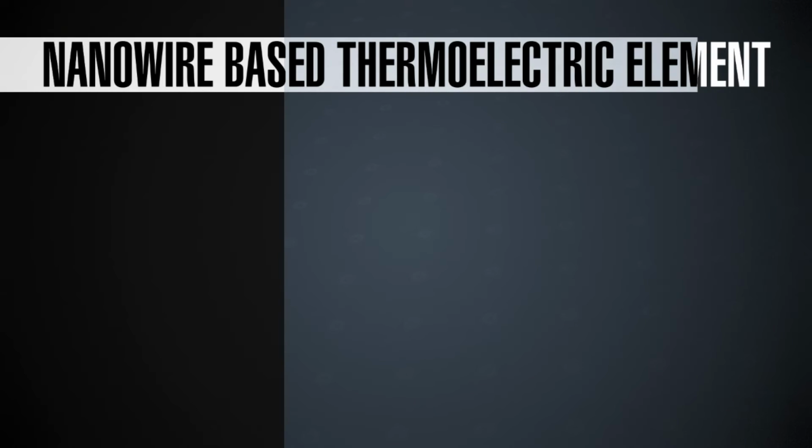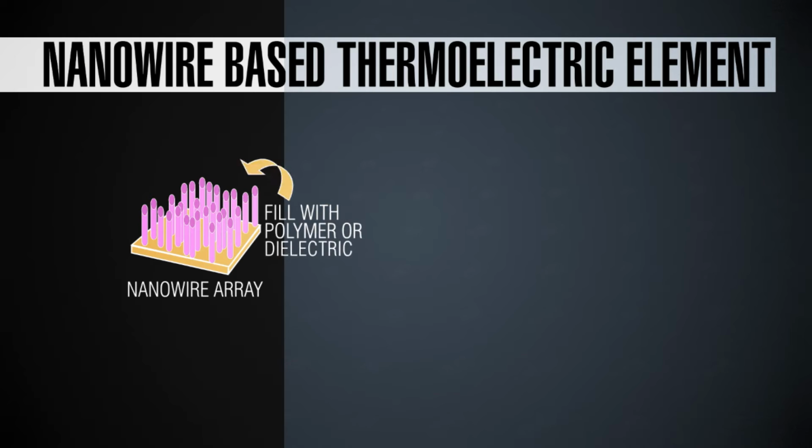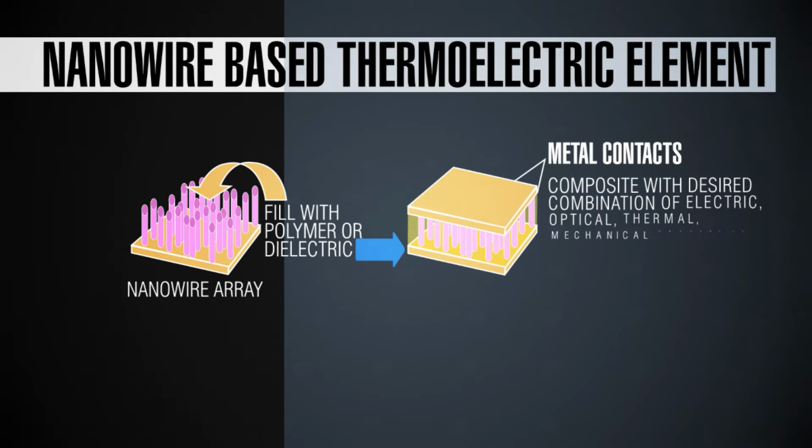For nanowire-based thermoelectric devices, one can grow these telluride or other types of thermoelectric nanowires in a vertical fashion, very well aligned vertical nanowires with good control of the diameter and the height, and then you have PN junctions with the top contact and the bottom contact, and the gap between the nanowires filled with a polymer.